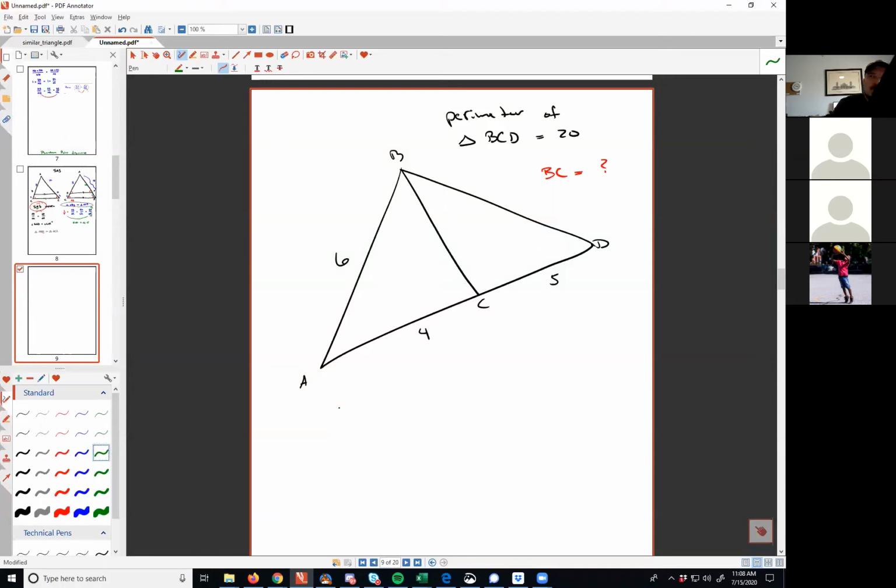What I said before was DC out of BC equals CB out of CA. When you say out of, do you mean over, like ratio?